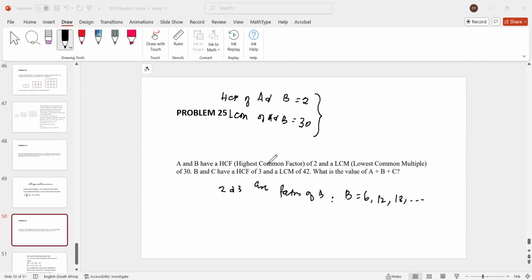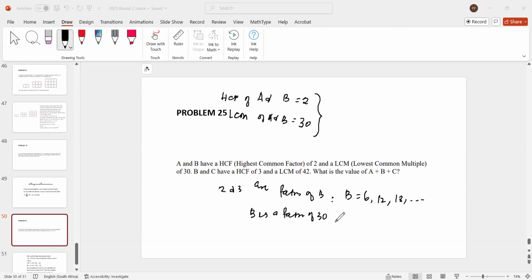Right. Then you also have that B occurs in both cases. So the LCM of A and B is 30, so B is a factor of 30, because the LCM is a multiple of both the numbers.